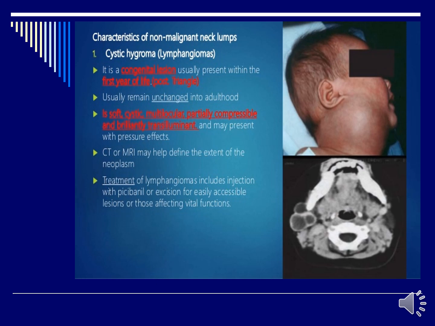It is a diffuse multiloculated cystic mass, soft, cystic, rubbery and partially compressible, and may present with pressure effect on nearby blood vessels, with engorgement of the mass. CT scan and MRI define the extent of the neoplasm.